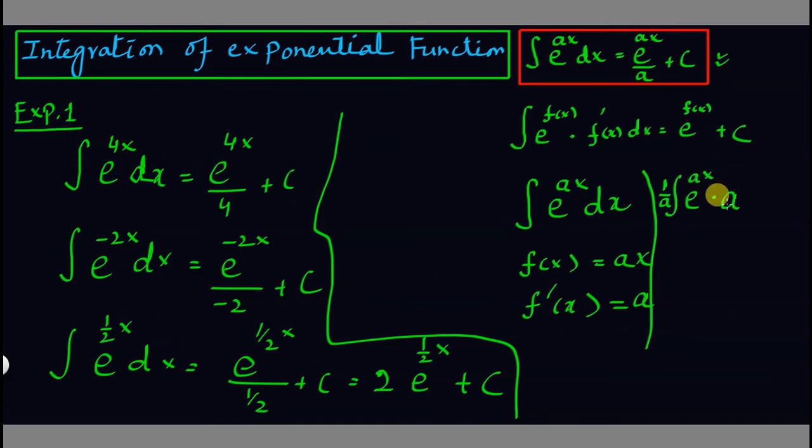If you want to produce a over here, you have to divide by a out of the integral. Then after integration you will be left with e raised to power f of x. f of x over here is ax, and this 1 over a will be over here. So now you can prove this exponential integral.